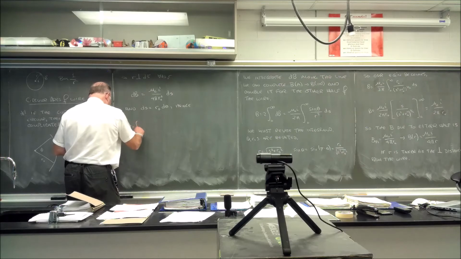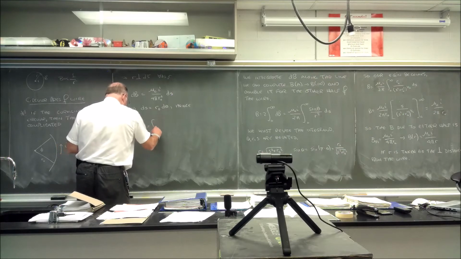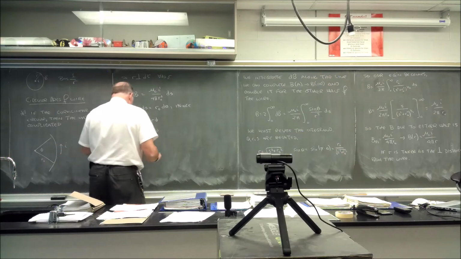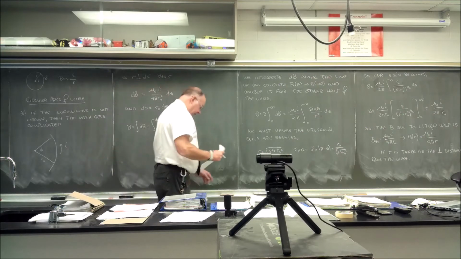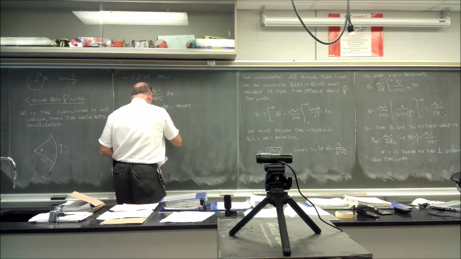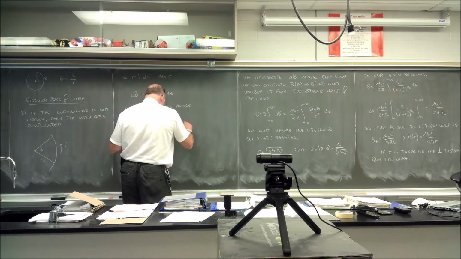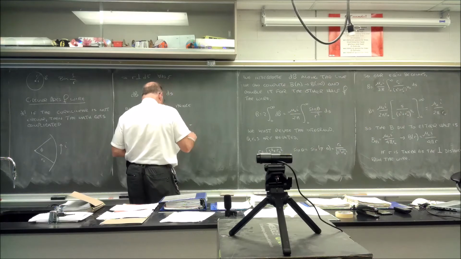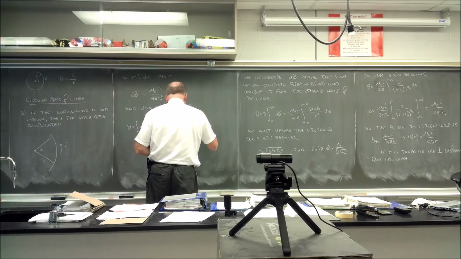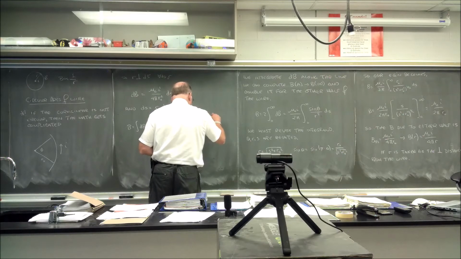Hence B is then equal to the integral of dB, integral from 0 to phi of mu naught I R naught, all of it over 4 pi R naught squared, d phi, which then, of course, with some cancellations and pulling the constants out, we get mu naught I over 4 pi R naught, integral from 0 to phi of d phi.